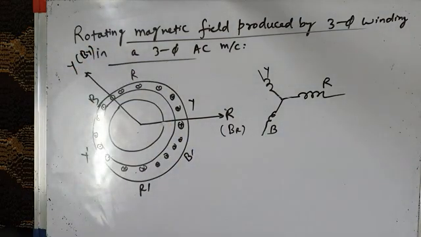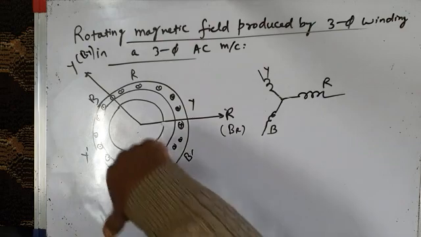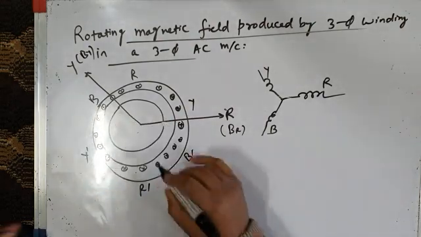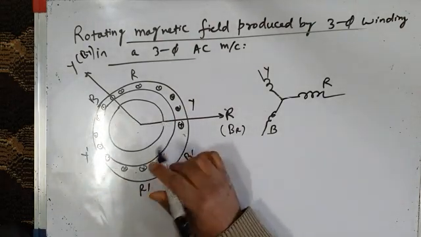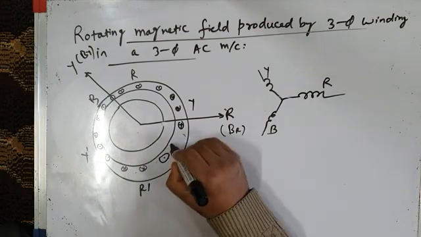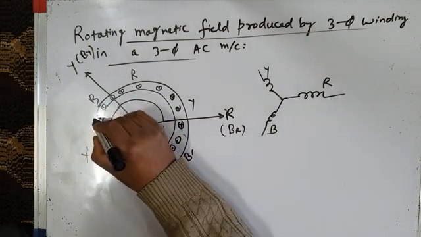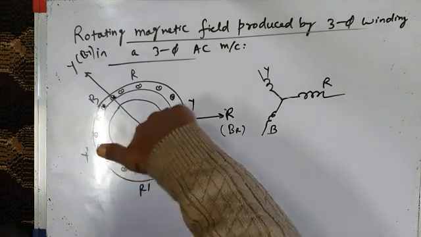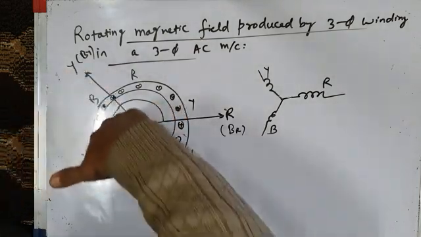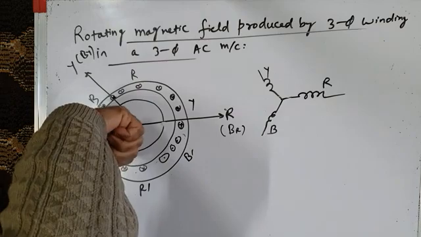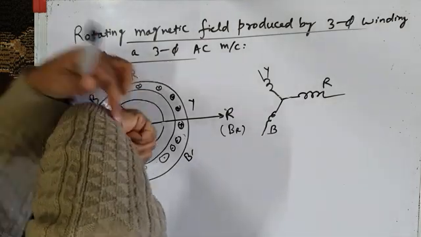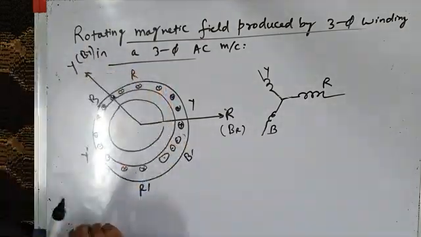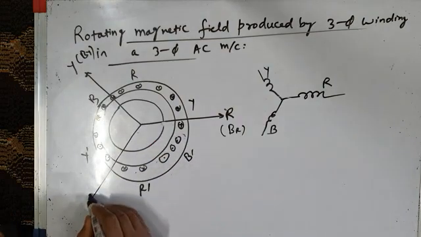And then what about B phase magnetic field? For B phase magnetic field, let me change the direction of currents. These are dots, and these are crosses. Current is coming out of these conductors and it is going into these conductors. So my fingers are showing that, and my thumb shows the direction of the axis of magnetic field.